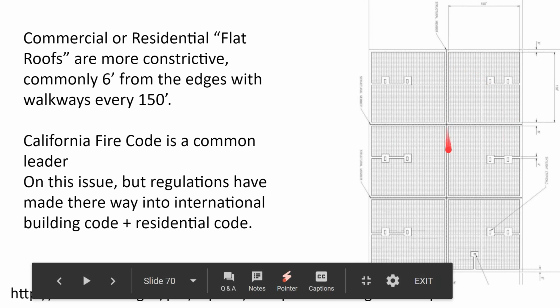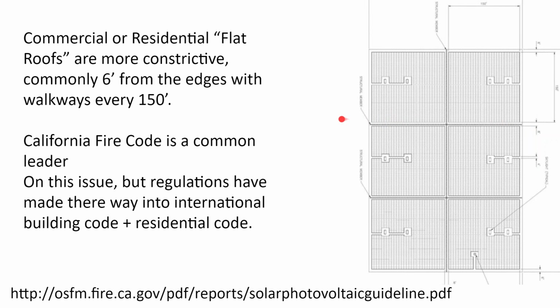And so these walkways are not just for access, but also to ensure that you have broken up your metal so that thermal expansion doesn't rip your home run circuits apart.